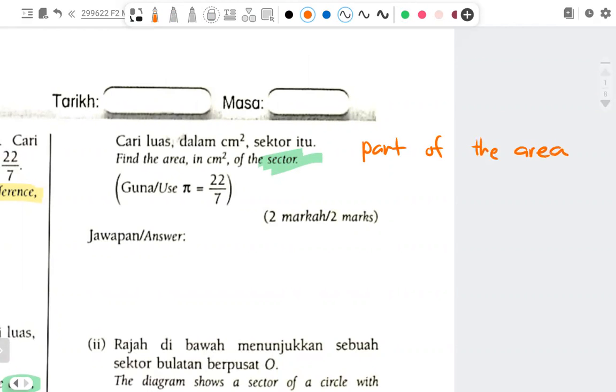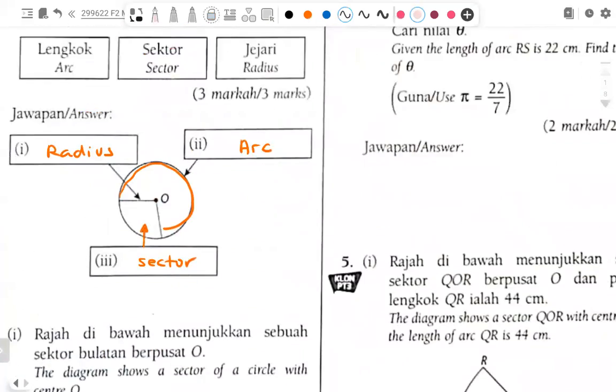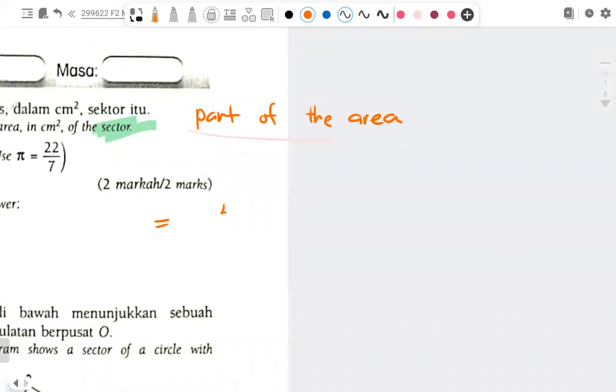Part of means referring to the size of the angle, which is 45 degrees, right? So 45 over 360 degrees times area of the circle.